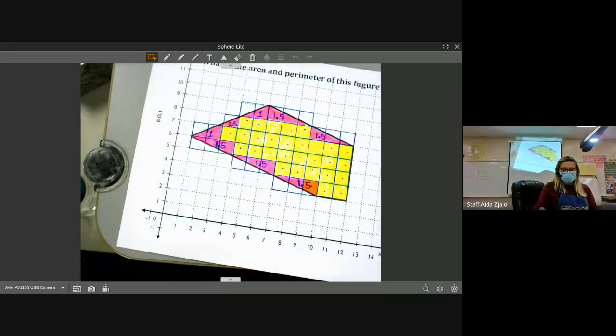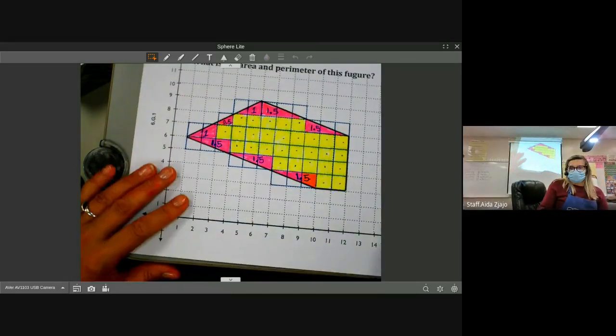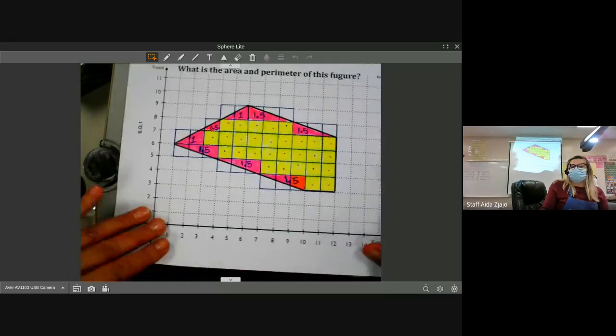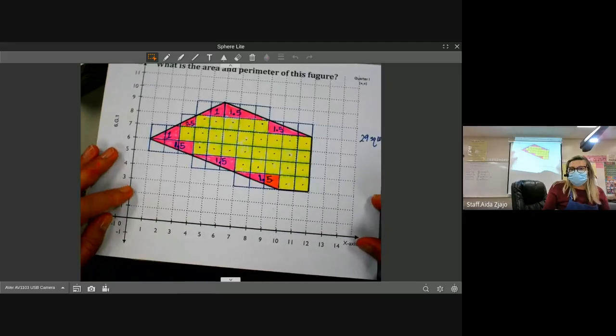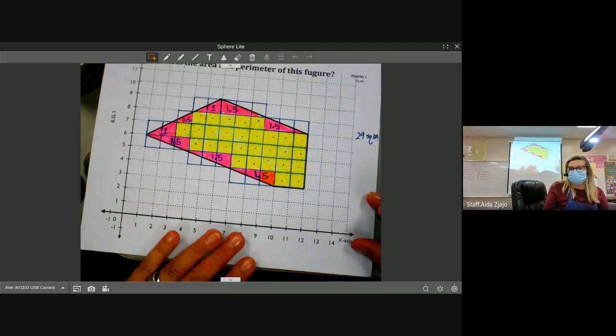And all that is left is to put all this together to figure it out.